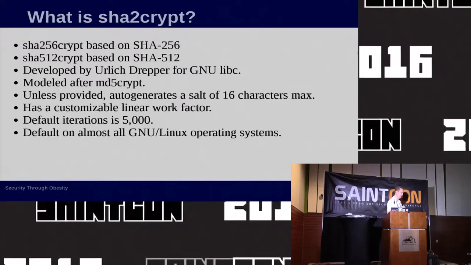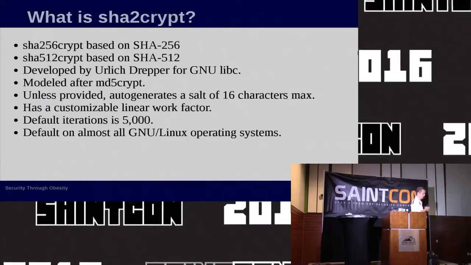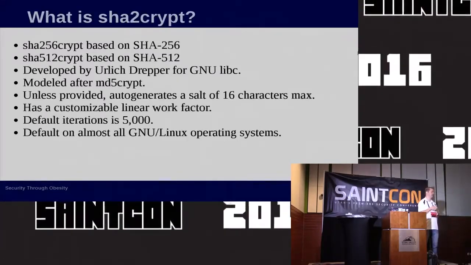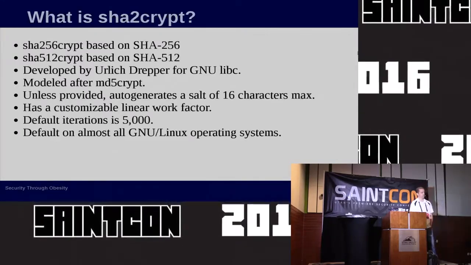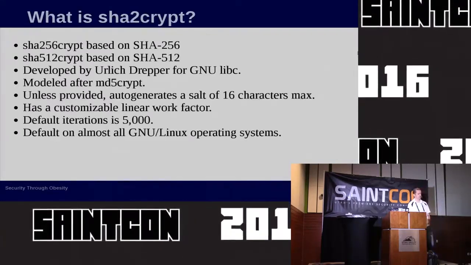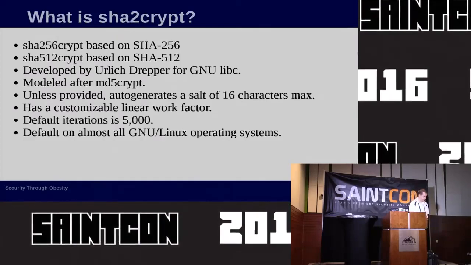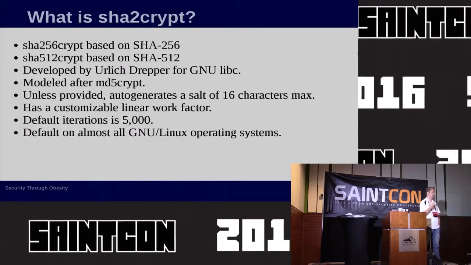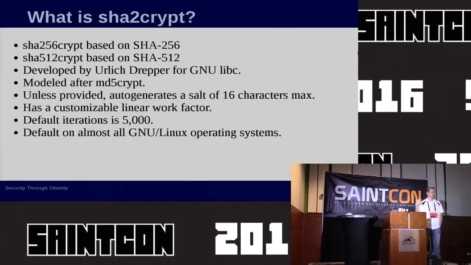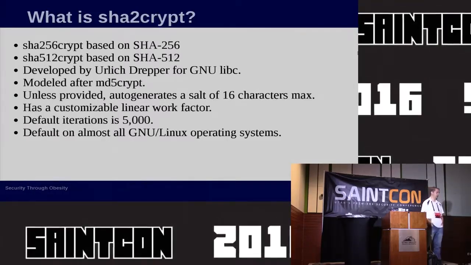So let's start with SHA-256 crypt and SHA-512 crypt. What is it? It was designed after MD5 crypt by Ulrich Drepper, who was the main developer of the GNU libc library. He modeled it after MD5 crypt, but rather than hard coding a work factor, he decided to make that work factor tunable.